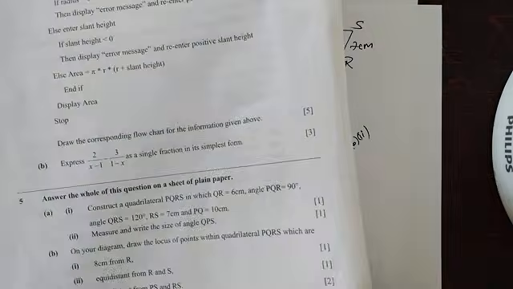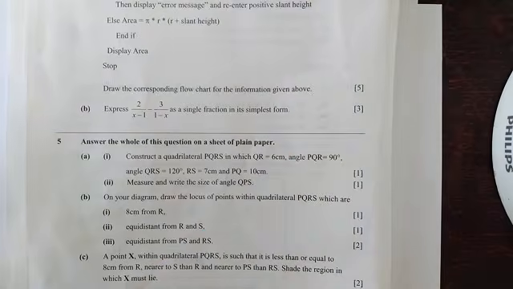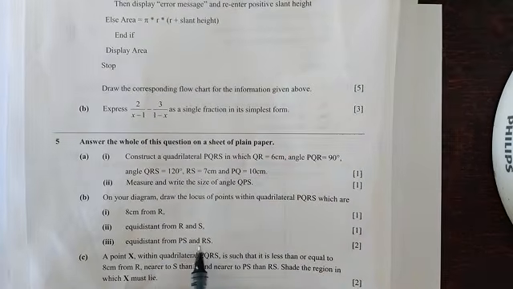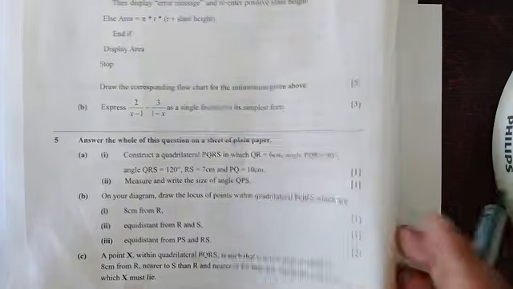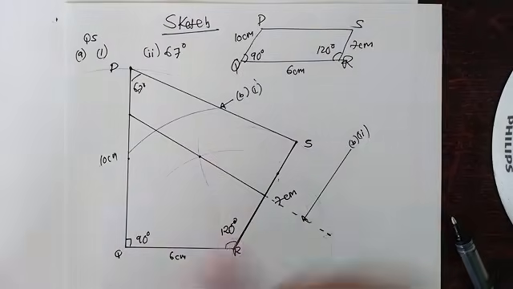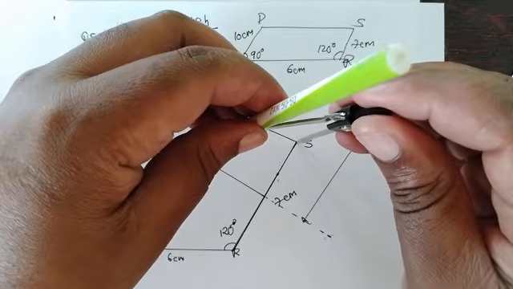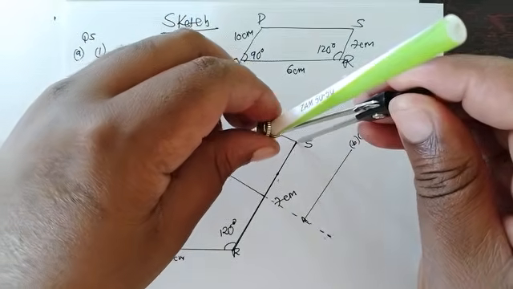What is question 3? Equidistant from PS and RS. So here what is common is the S. Take note, so you bisect the S. You bisect S. In this case this is the S. So you open your compass to any radius of your choice, as long as that radius is reasonable.